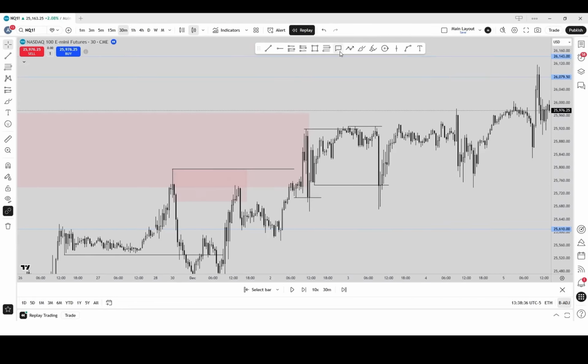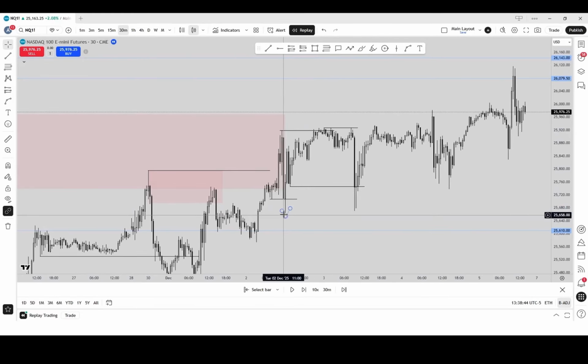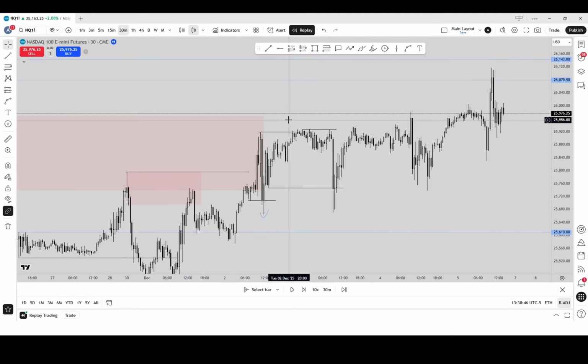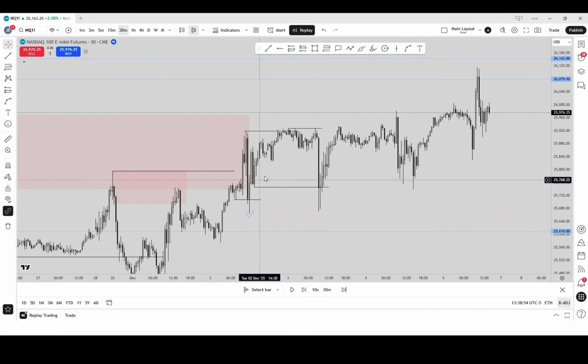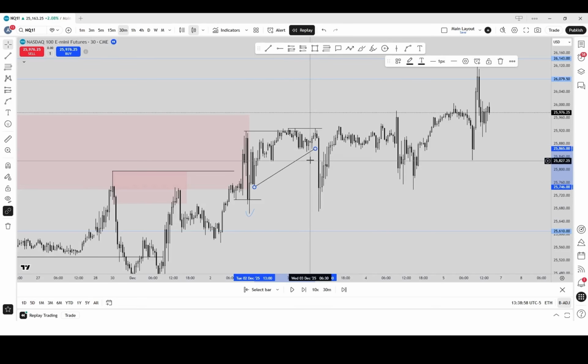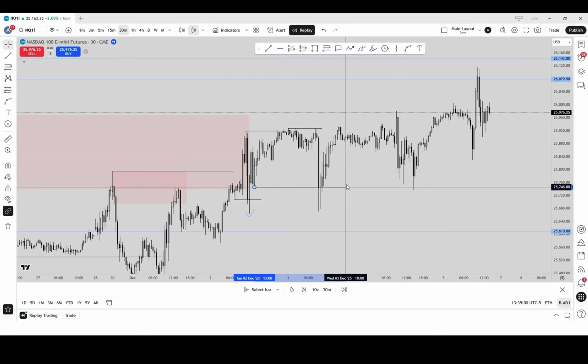What is this right here? What is that right there? LB, right? We swept something and moved away, okay? We built liquidity. The whole reason why we're able to take it is not because of the LB. It's because of the liquidity, right? So we build liquidity here, and then we take out that liquidity, all right?